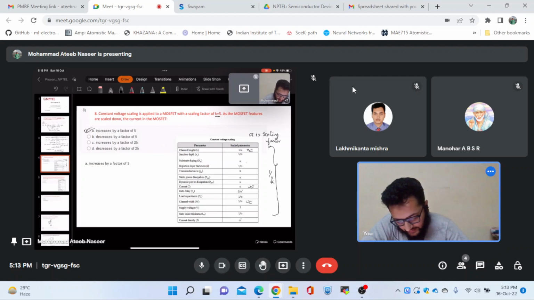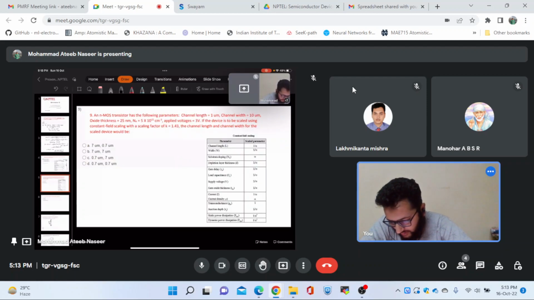Now there is another problem. It says that there is some NMOS transistor which has the parameters: the channel length is 1 micrometer, the device width is 10 micrometer, oxide thickness is 25 nanometers, and the acceptor doping concentration is 5 into 10 to the power 15. And the applied voltage is 3 volt.